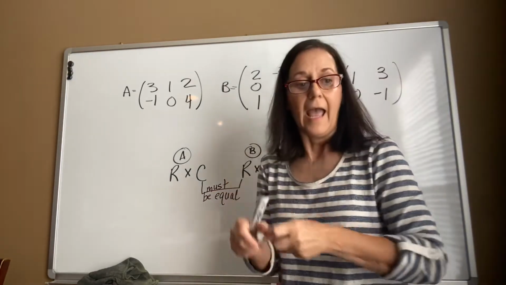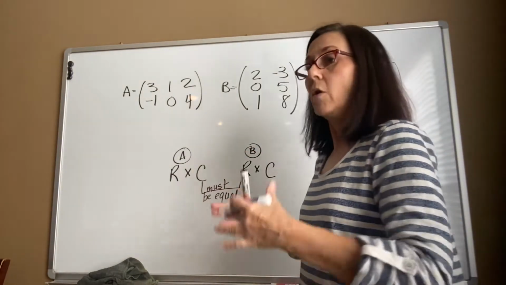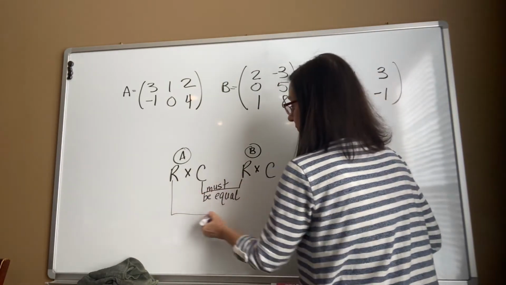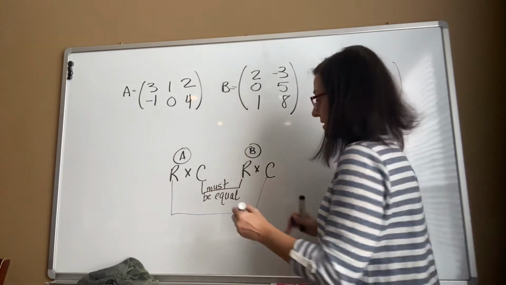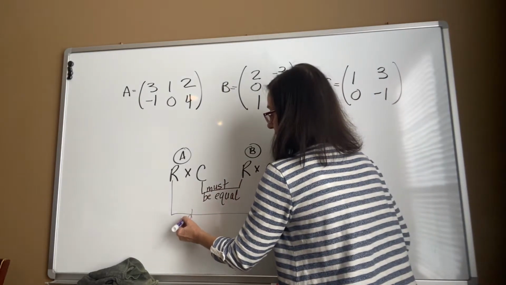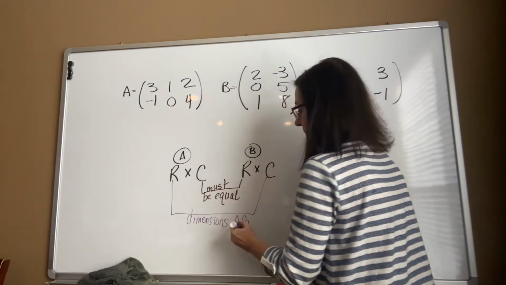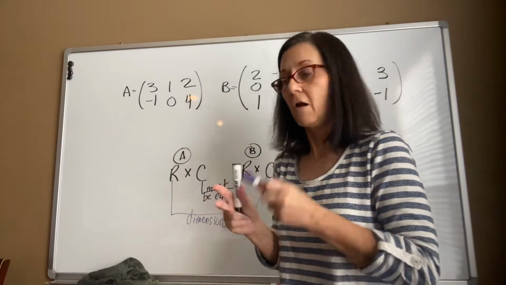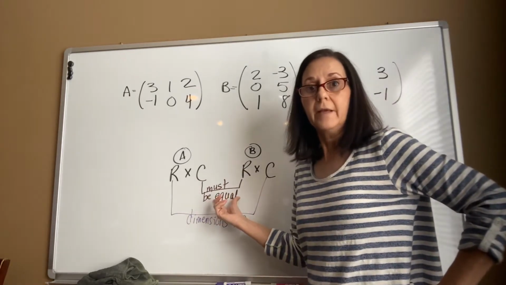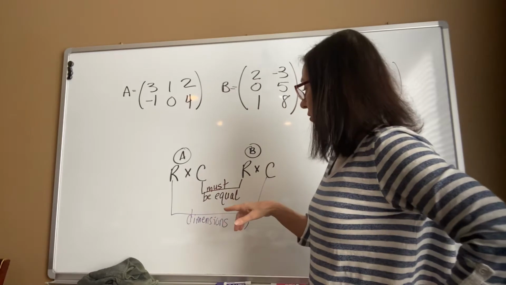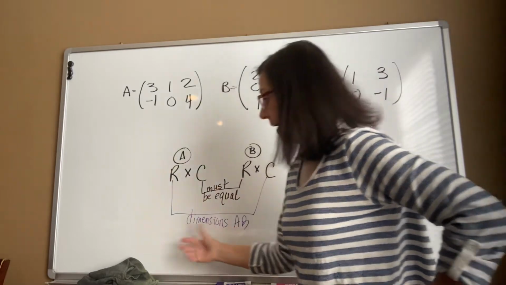And the dimensions of the resulting matrix, once we multiply, are going to be the number of rows from the first one and the number of columns from the second one. This will be what the dimensions of A times B look like, okay? All right, so first we have to ask ourselves, can we multiply the matrices? And then we must be aware of what the resultant matrix will look like, all right?